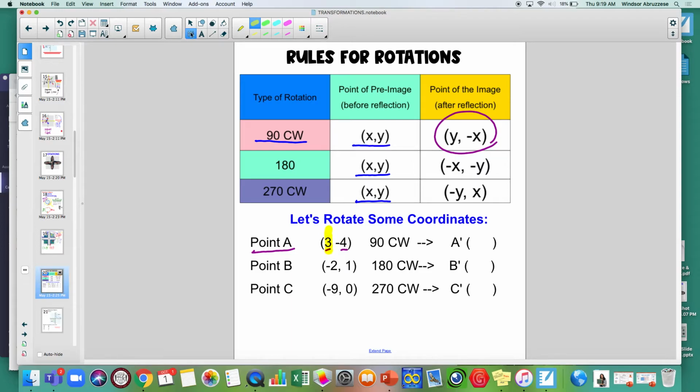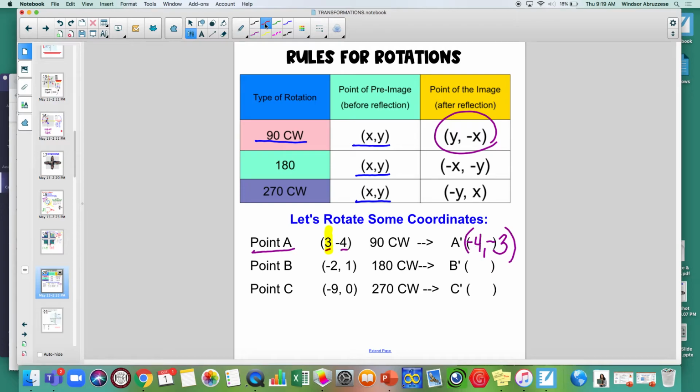So that means my -4 is going to come up front. Oh my goodness, this pen is going crazy. I bring my -4 up front, and I do the opposite for x, which would be a -3. So my coordinate is -4, -3 once I've turned it 90 degrees clockwise.